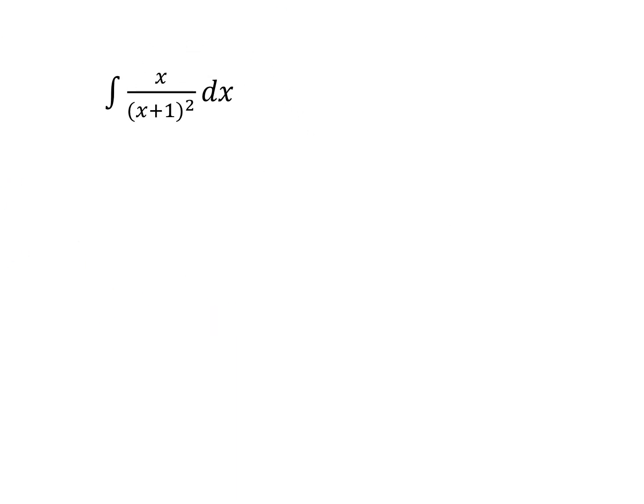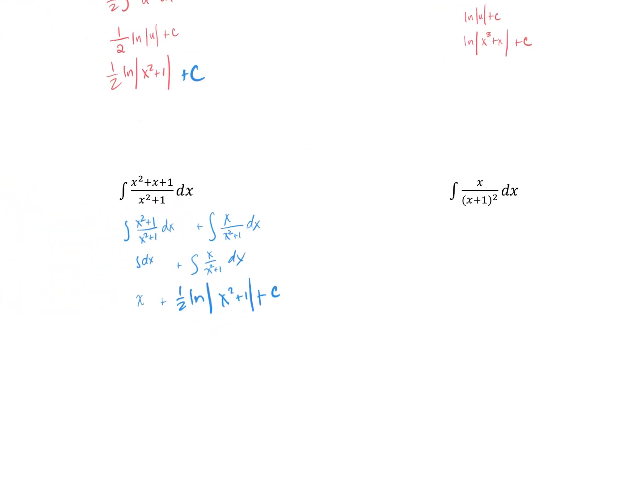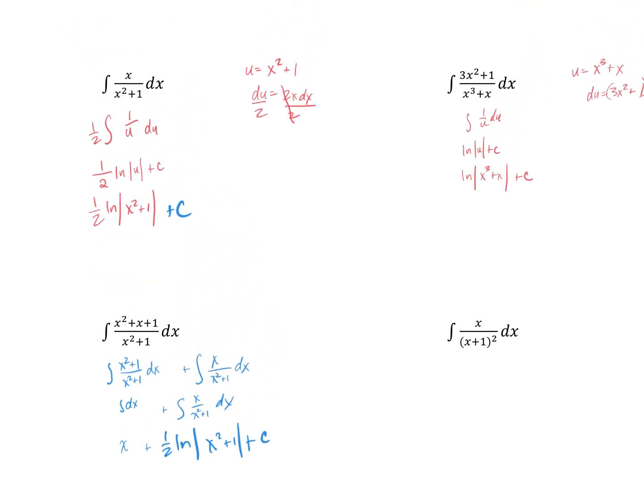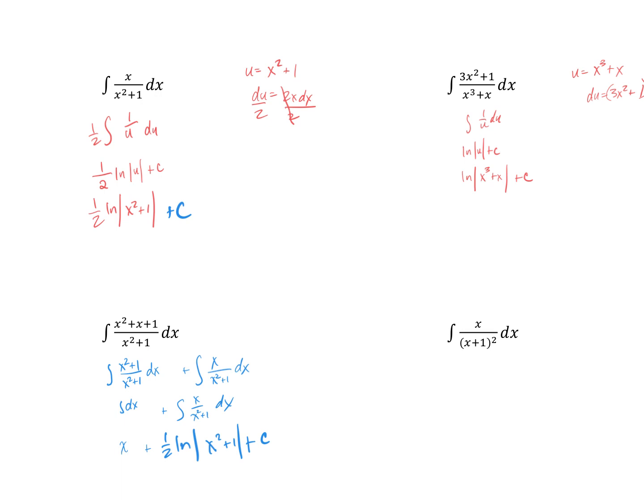So knowing to pull out that 1/2, is that just a rule we can memorize, or do you have to show it with U sub every time? It's kind of specific to this situation. Chances are, if you did that, I probably wouldn't care as long as it was right.